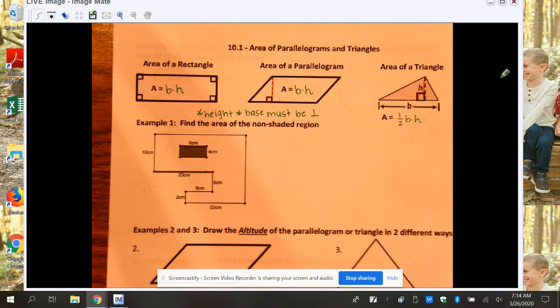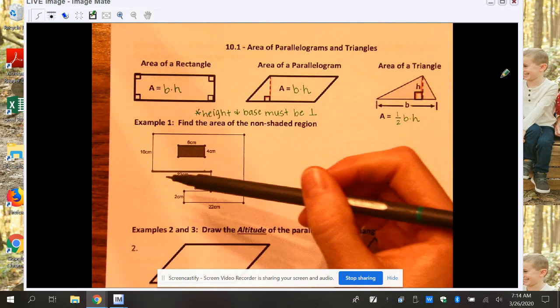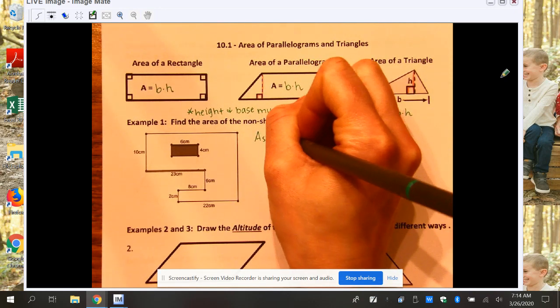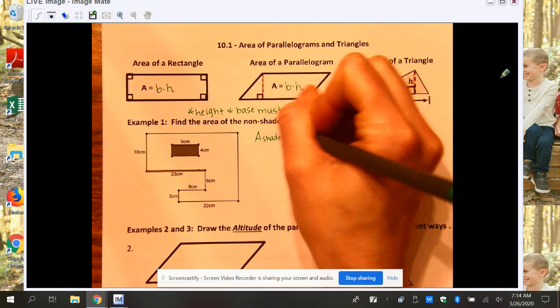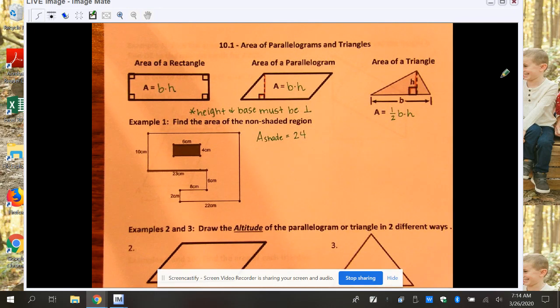Okay. All right, so in this first example, it says find the area of the non-shaded region. So I want all this white space up here. And so I know that the area of this shaded rectangle is 6 times 4, which is 24. And so whatever I get for this big area, I'm going to have to subtract 24 from that.